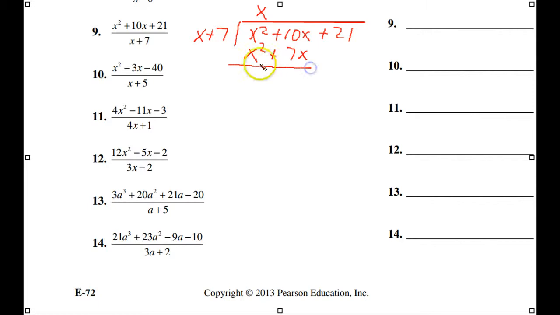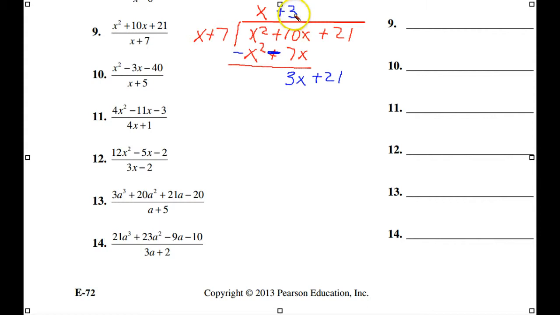Put a line there, and through the magic of color change, I'm going to change my signs. So these cancel out. This will give me a 3x plus 21. Again, 3 goes into 3x, x 3 times.